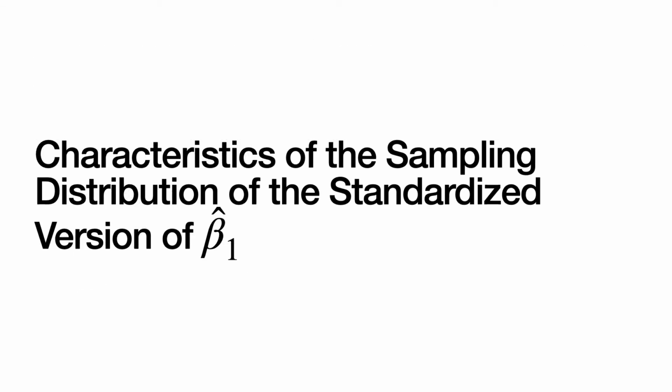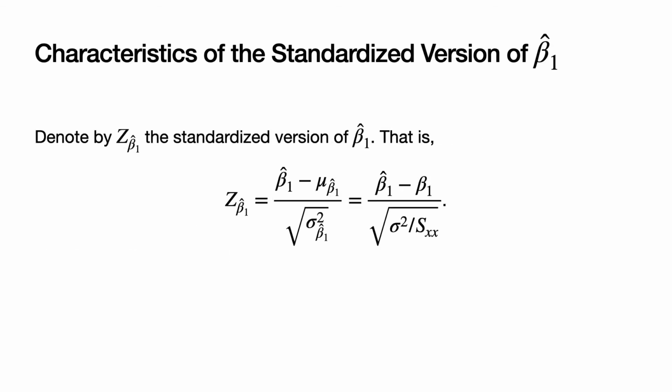Next, let's look at characteristics of the sampling distribution of the standardized version of beta 1 hat. Denote by z sub beta 1 hat the standardized version of beta 1 hat. In other words, z sub beta 1 hat is equal to the ratio of beta 1 hat minus the mean of its sampling distribution divided by the square root of sigma squared sub beta 1 hat.